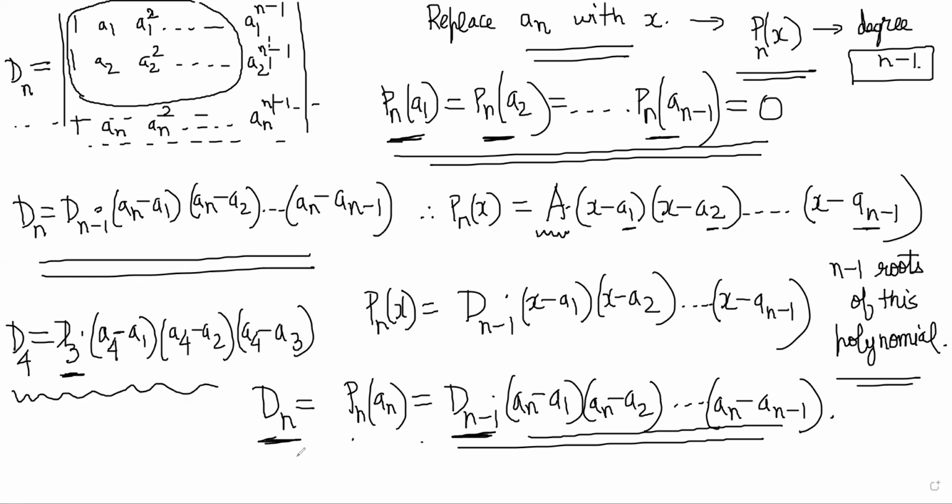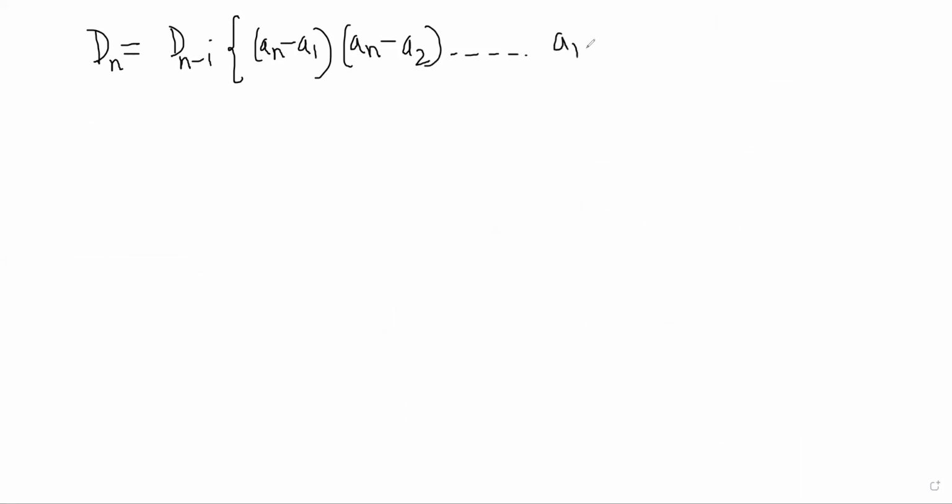Now how do I generalize it and tell you the answer actually? So I'll write it like this. We have this recursive relation Dn is equal to D(n minus 1) times (an minus a1)(an minus a2) up to (an minus a(n minus 1)).